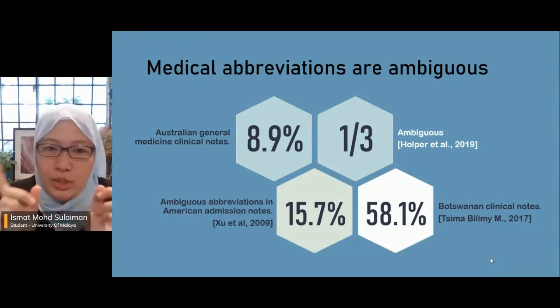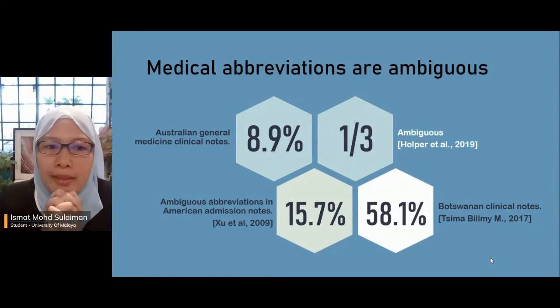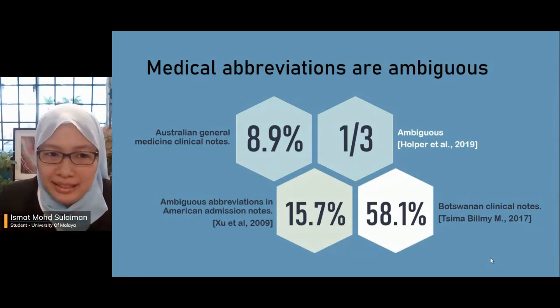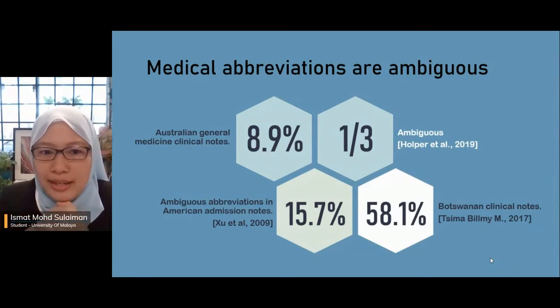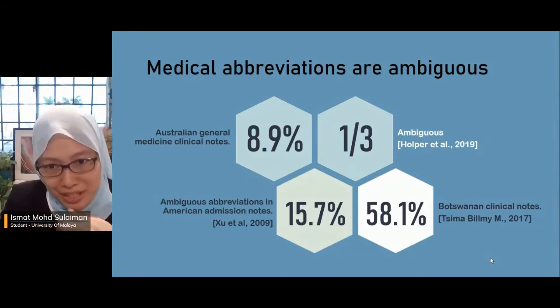So it's not a one-to-one match, it's one-to-many senses or meanings. And in American admission notes, back in 2009, they found about 15.7% of their admission notes are filled with abbreviations.